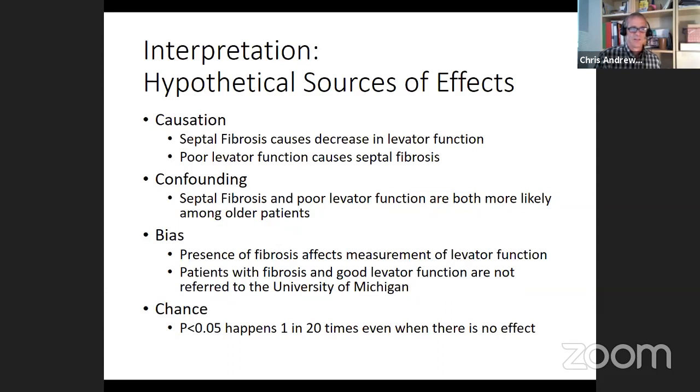And either these are too expensive or too difficult, or we don't know to measure them. So those unmeasured confounding issues are always a possibility. And your goal when interpreting your results is to try to figure out what are possible limitations of what we've done.